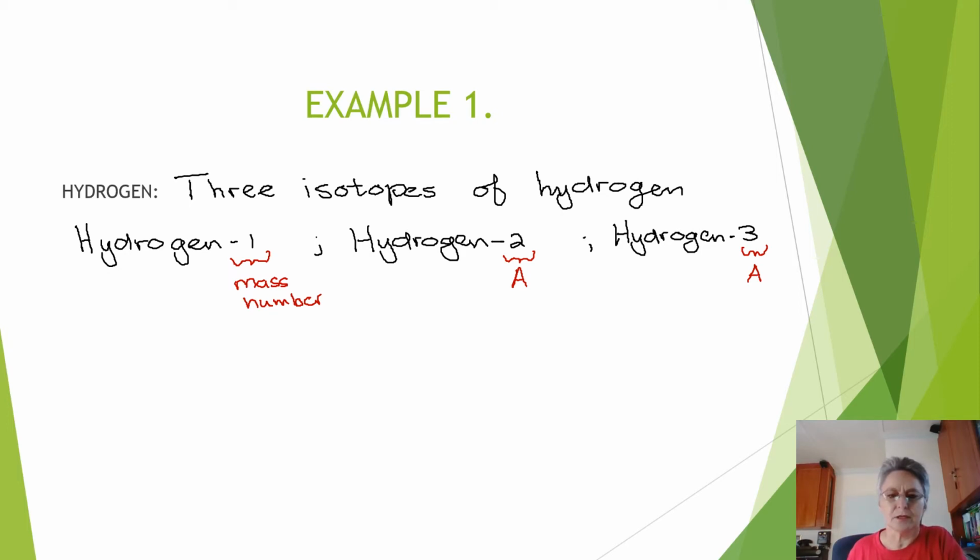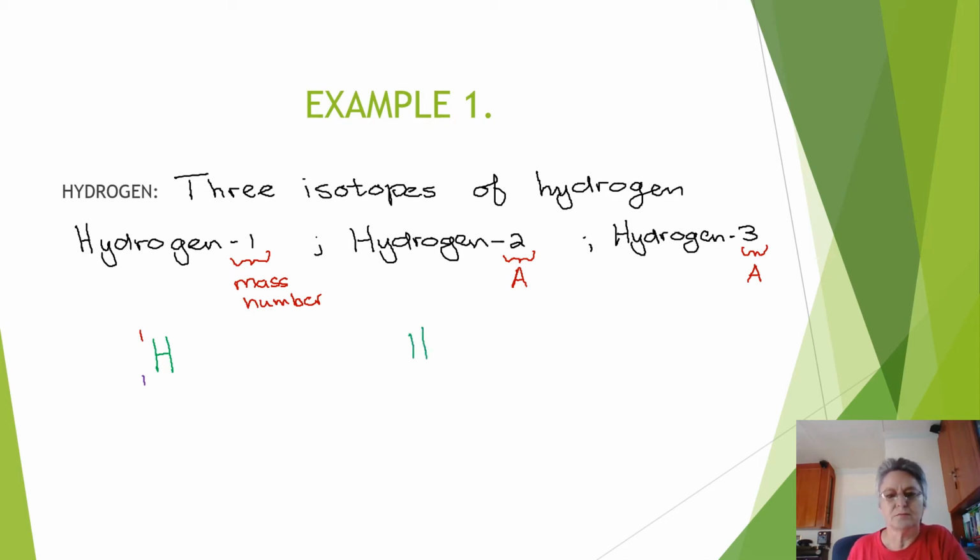So if we write these in standard notation, hydrogen 1 would be H, with mass number 1 and atomic number 1. Hydrogen's atoms can only have an atomic number of 1.